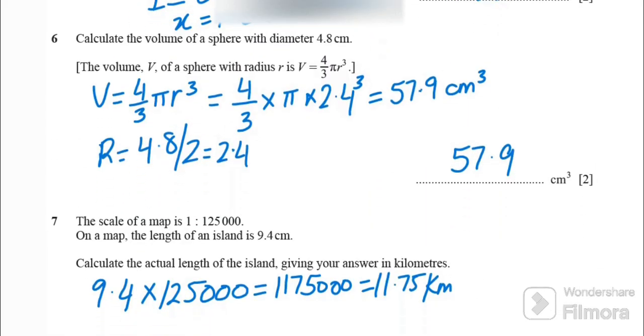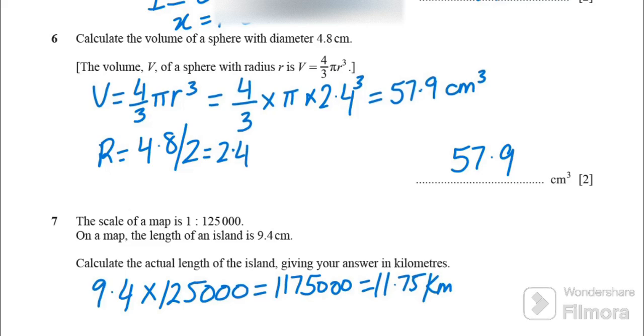Question 6 states, calculate the volume of the sphere with a diameter of 4.8 centimeter. They have already given the formula on how to calculate the volume of the sphere. Now we have to input the values. The diameter is 4.8 centimeter, but we have to use radius.